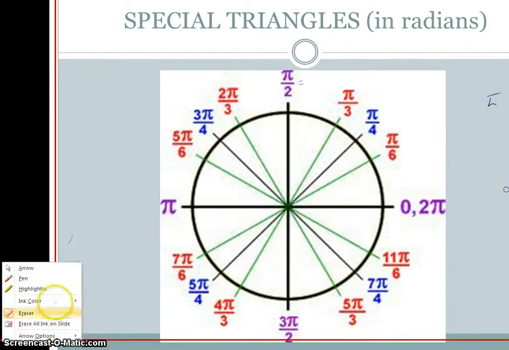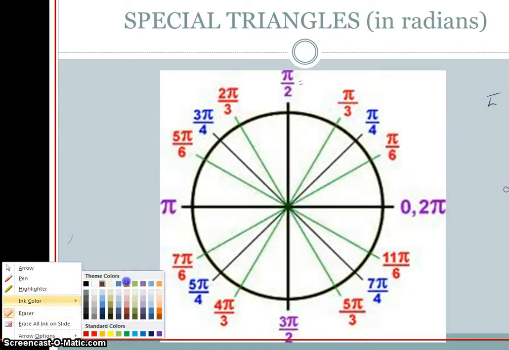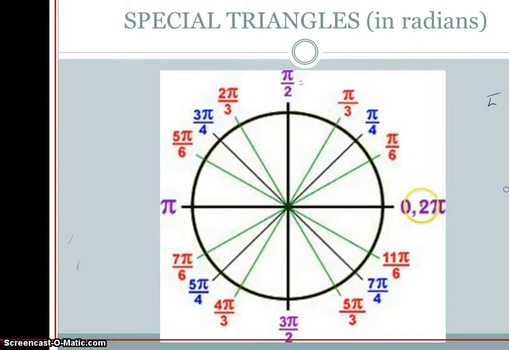So if we're starting at 0 again, and we want to get to pi, which we know is 180 degrees, we can also break this top part into 6 equal pieces. And for your reference, pi over 6. So if we break pi, which we know is 180, into 6 equal pieces, each of them is going to be equal to 30 degrees. So pi over 6 is equal to 30 degrees.